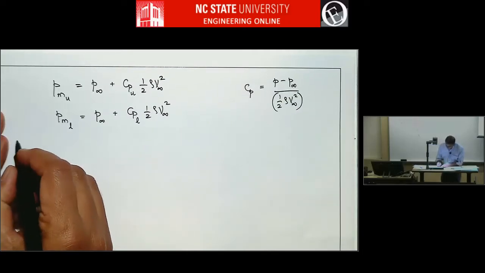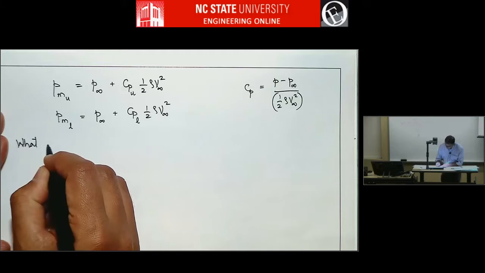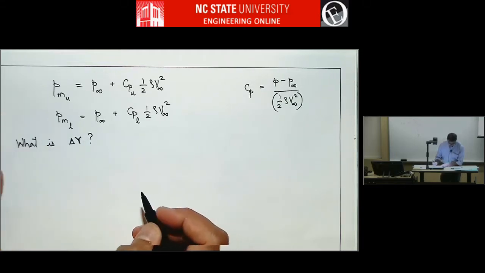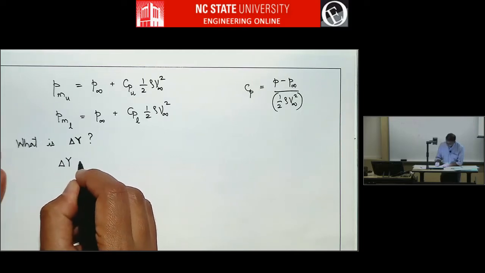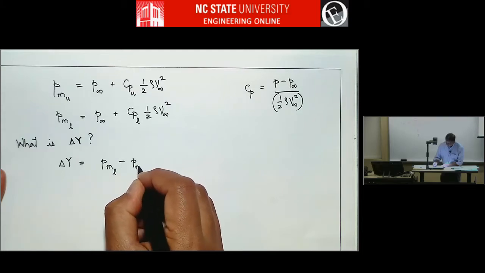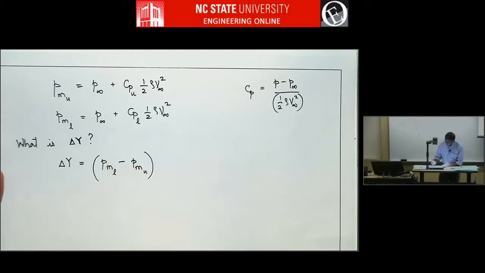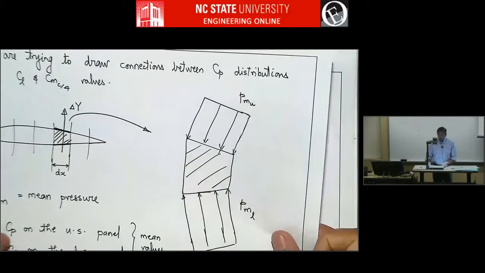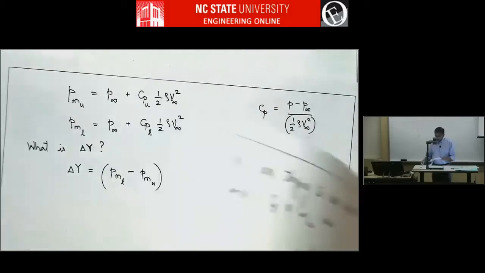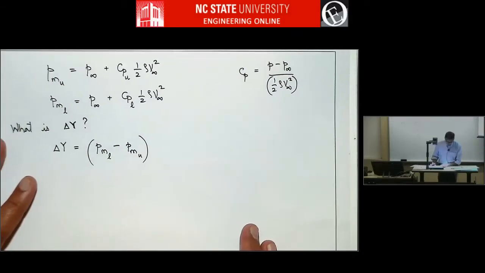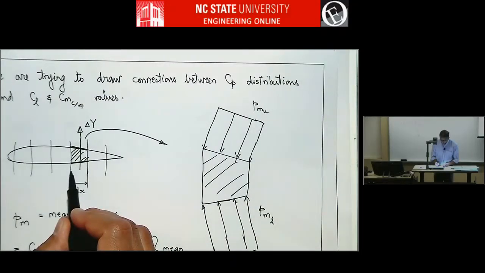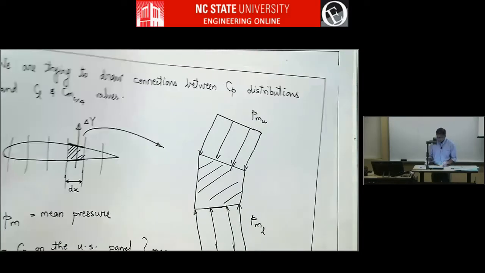So what is this delta y force on this portion of the airfoil? So delta y, it turns out, is PML minus PMU, because PML is pushing upward generally and PMU is pushing downward, times the projected area along the x-axis.